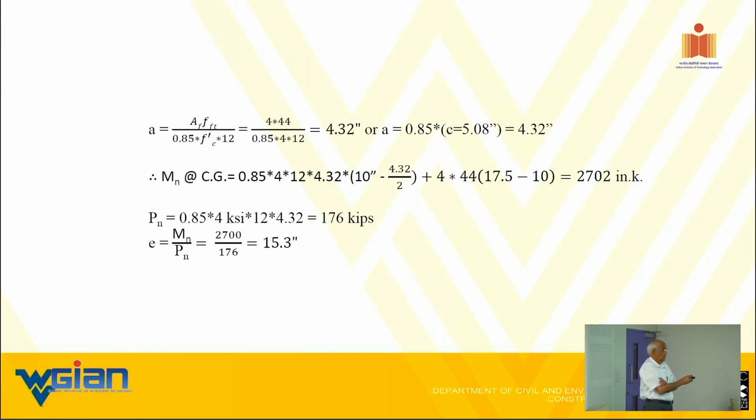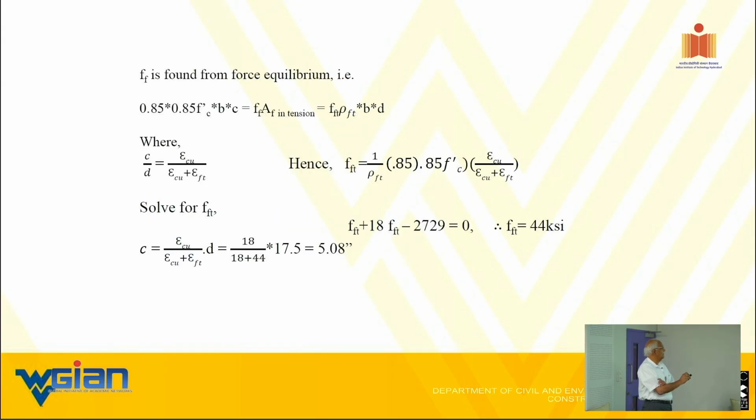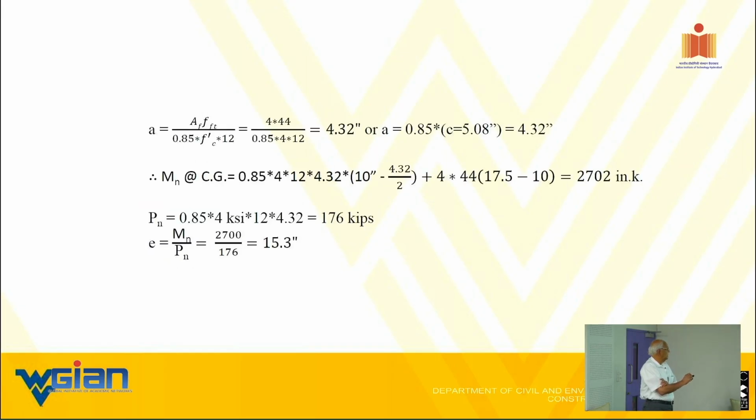If you remember, if you go back. You multiply that with the beta 1 factor. You remember that? That's how you get that. Where is that? That 4.32. There we go. 5.08 times 0.85.